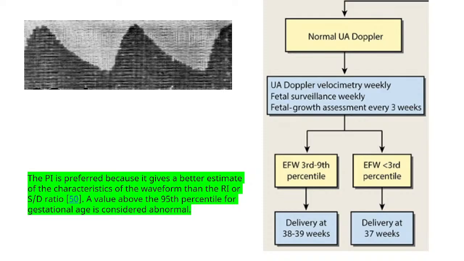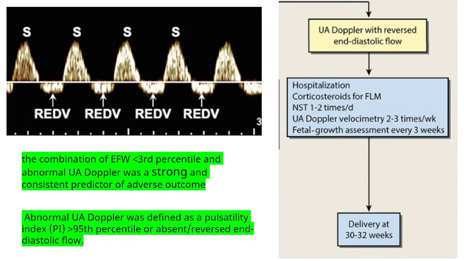Suppose the diastolic flow decreases up to here. In that case, how will you know how much it decreased? That can be known by the pulsatility index. Abnormal Doppler is defined as pulsatility index more than the 95th percentile. So, if the umbilical artery Doppler is above the 95th percentile, then there is decreased flow to the fetus.